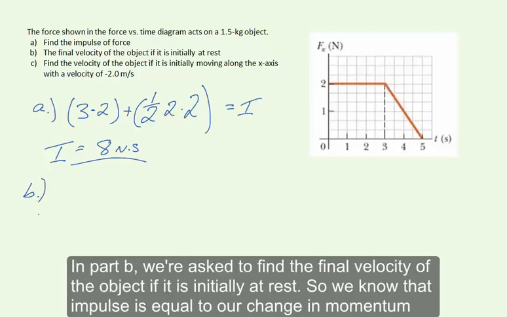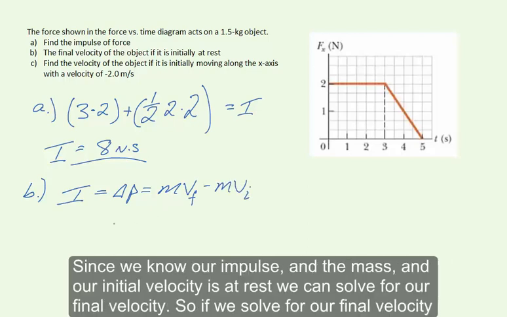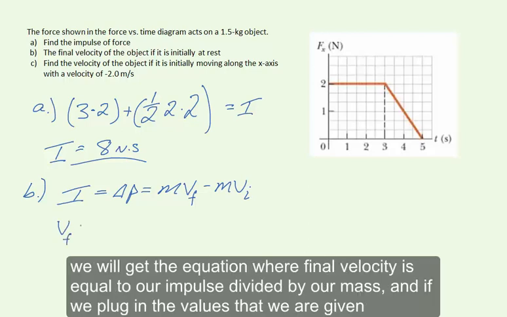In part B, we're asked to find the final velocity of the object if it is initially at rest. So we know that impulse is equal to our change in momentum, and our change in momentum is equivalent to our mass times our final velocity minus our mass times our initial velocity. Since we know our impulse and the mass, and our initial velocity is at rest, we can solve for our final velocity. So if we solve for our final velocity, we get the equation where final velocity is equal to our impulse divided by our mass.